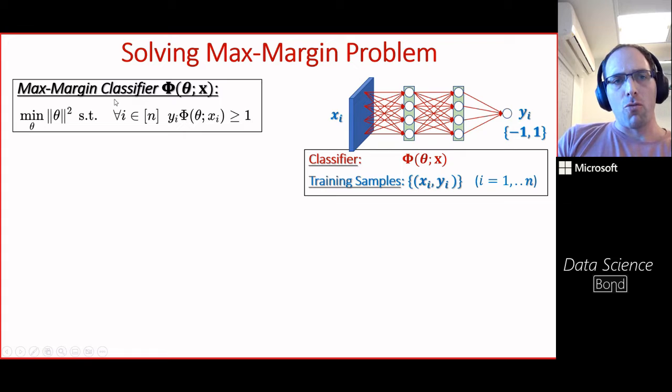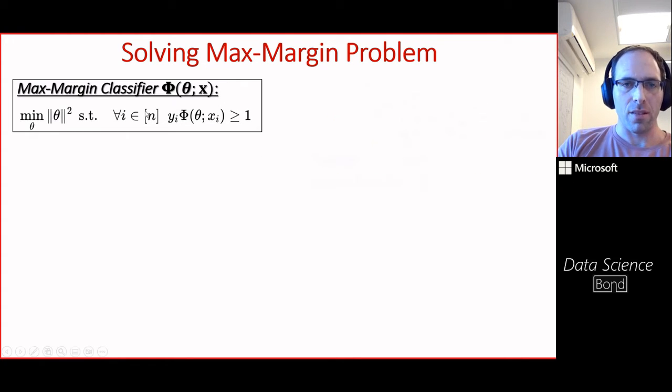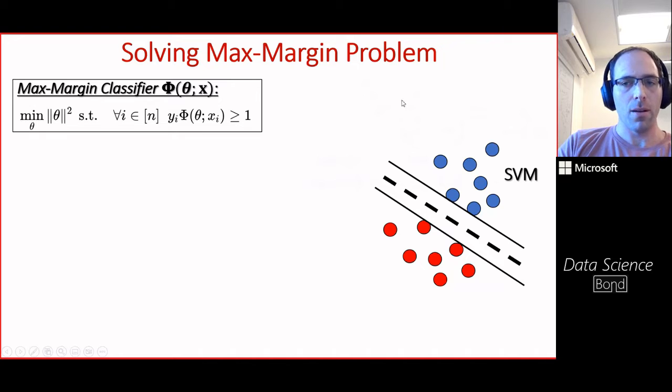By solving the maximum margin classifier, as you do with SVM, you define this optimization problem. This is a reminder of SVM. You have your data, and you want to find the linear classifier with the maximum margin. Usually with SVMs, you use a linear model, and any linear model can be represented by some vector, theta.